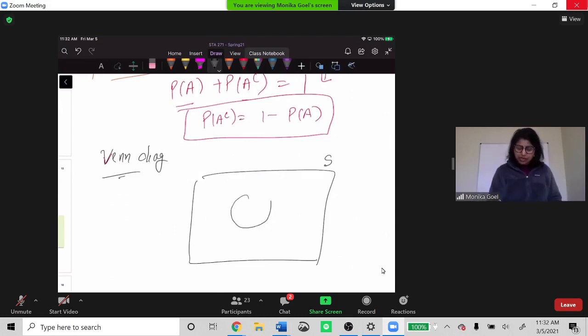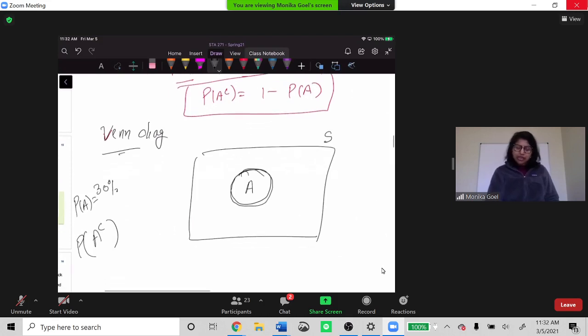And if this is my event A, and the probability of this event is 30%, I know that probability of A is 30%. What is the probability of my A complement? When I'm saying probability of A is 30%, that means this whole is 30%. I convert it into decimal because I know I'm looking for 1 whole.